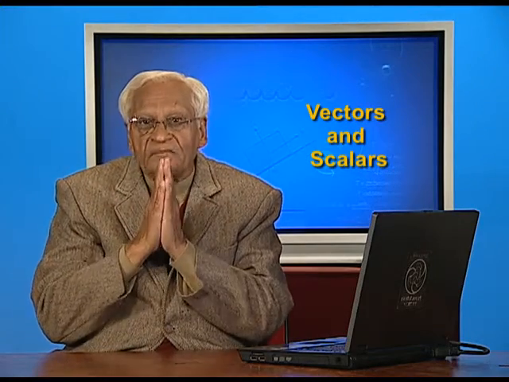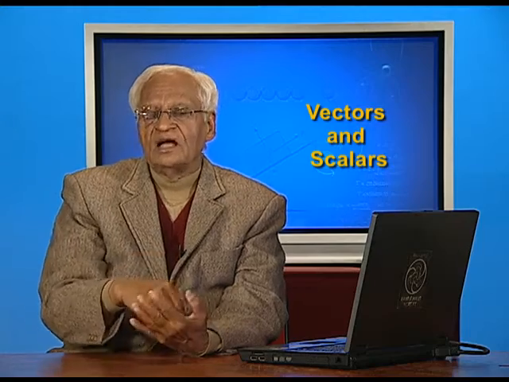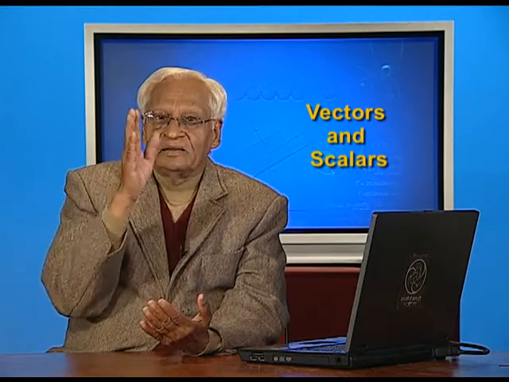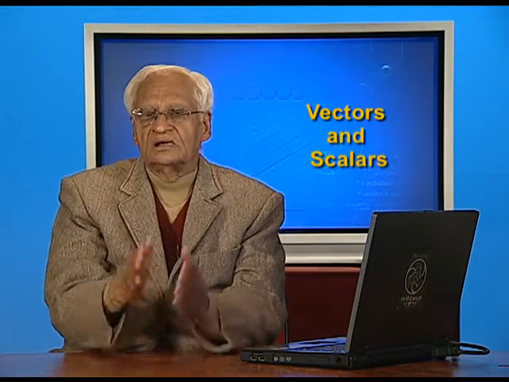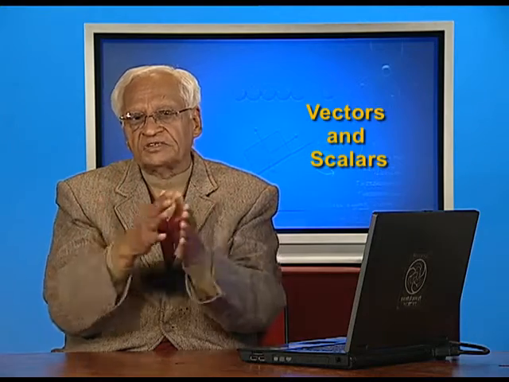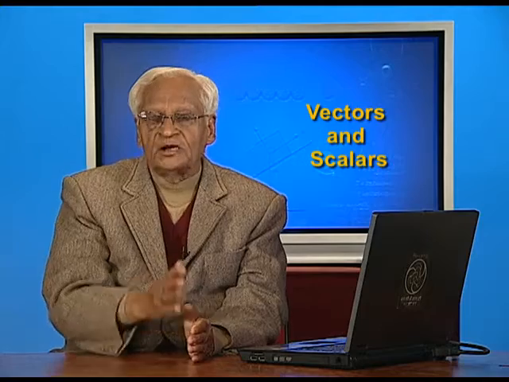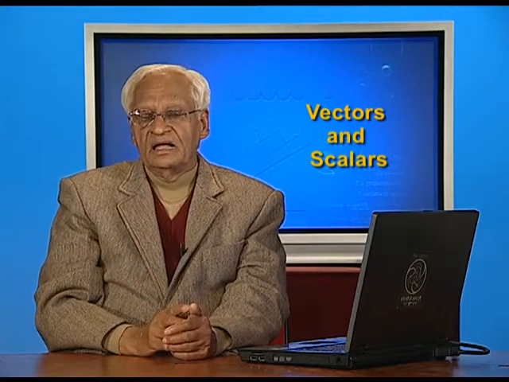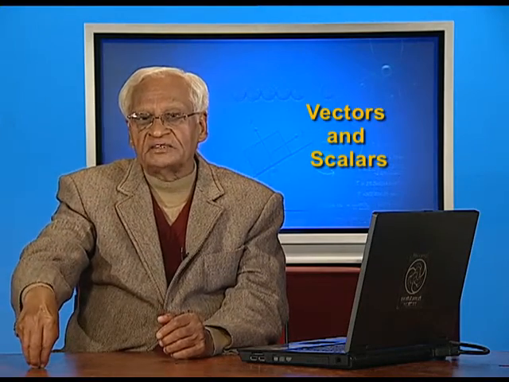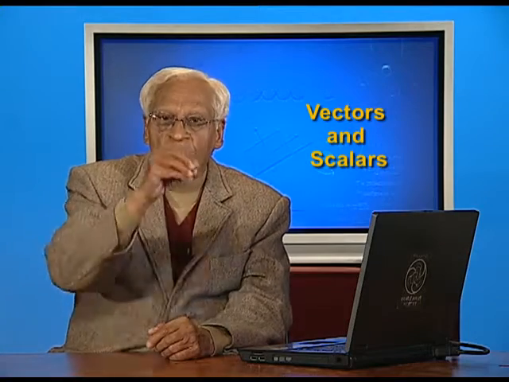And another important thing. We have done dimensional analysis. We have seen that the dimensions of all terms of an equation on the two sides must be the same. Add to that another thing: if one side of an equation is a vector, the other side of the equation must also be a vector.